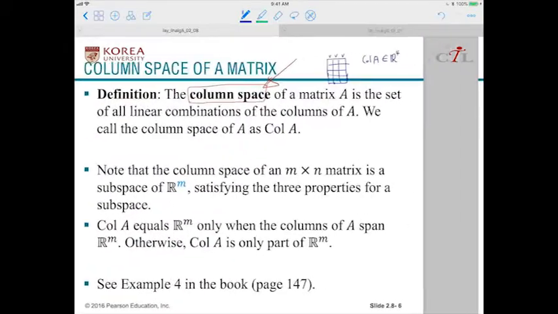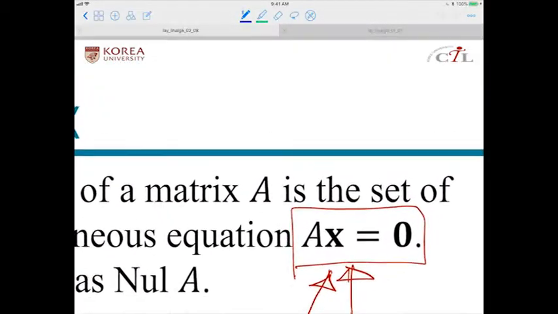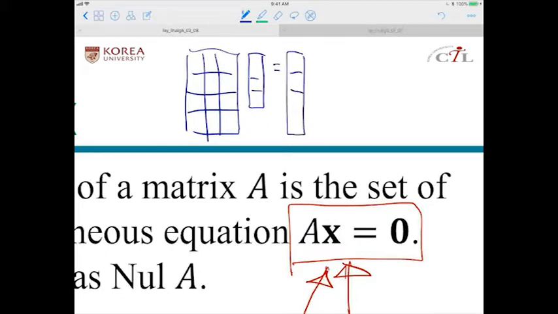Then another subspace related to this matrix is called a null space, right? Given the same 4 by 3 matrix, this null space is basically all the possible solutions of our homogeneous linear system, having zeros on the right hand side, right?